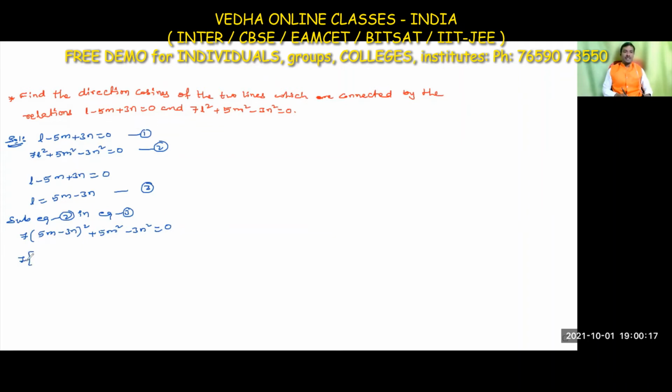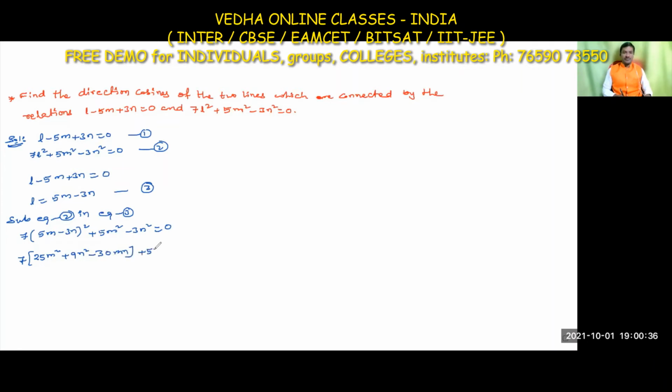7 into the (a minus b) whole square formula. (a minus b) whole square is a square, 5 square m square, that is 25m square, plus b square, 3 square, 9n square, minus 2ab, 2 into 5 into 3 is 30, minus 30mn.